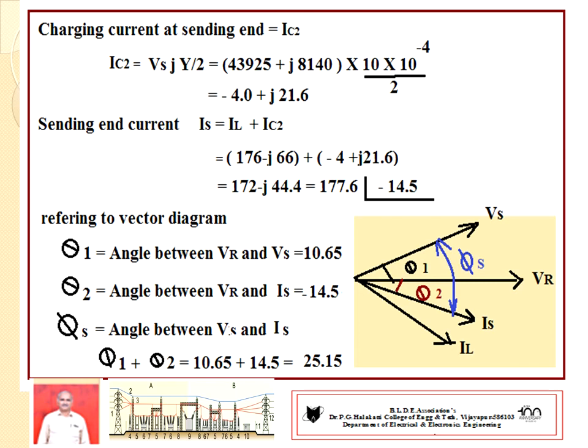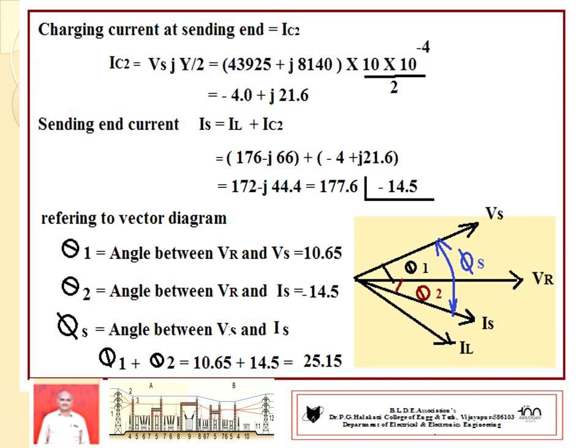The other capacitance is placed nearer to the sending end. Once you know the sending end voltage, because this voltage is applied across the sending end side capacitor, whose value is 50%, IC2 equal to Vs into JY/2. You calculate, you are getting this value minus 4 plus J21.6.